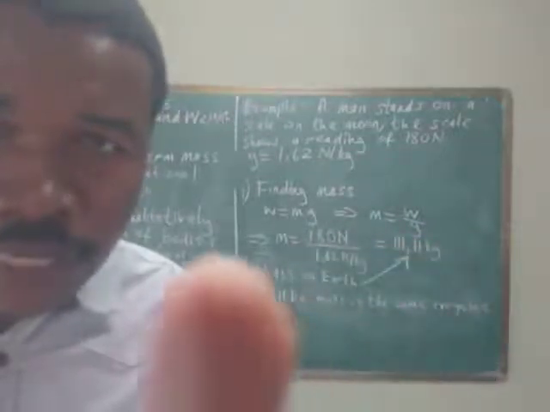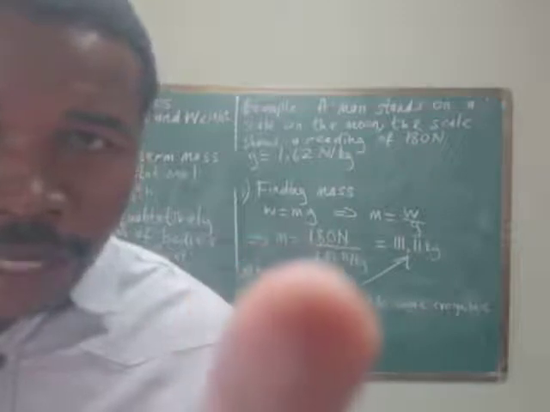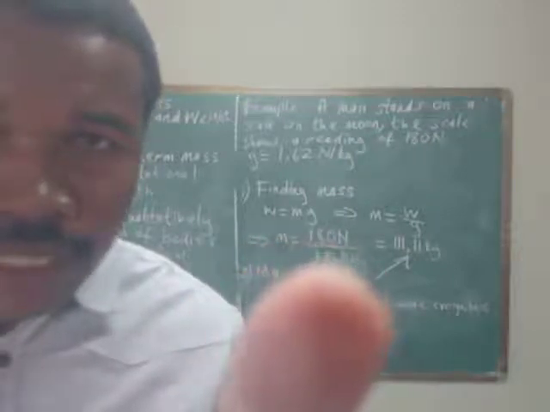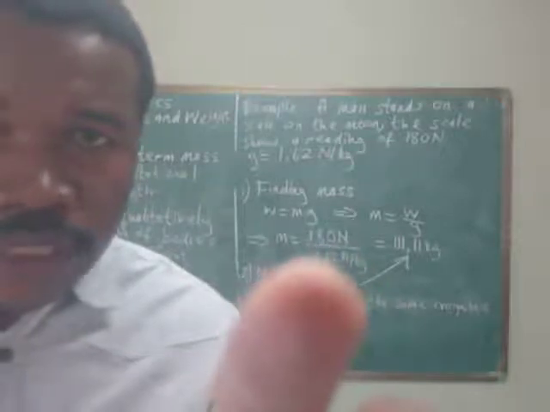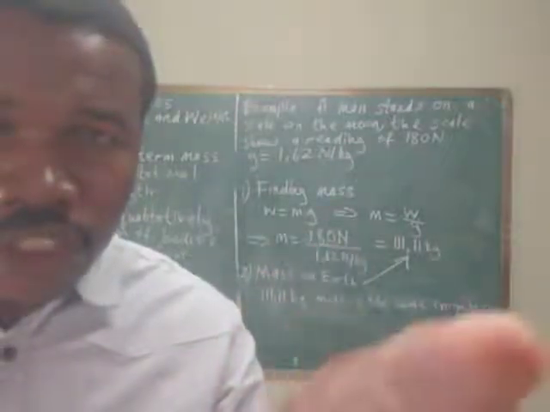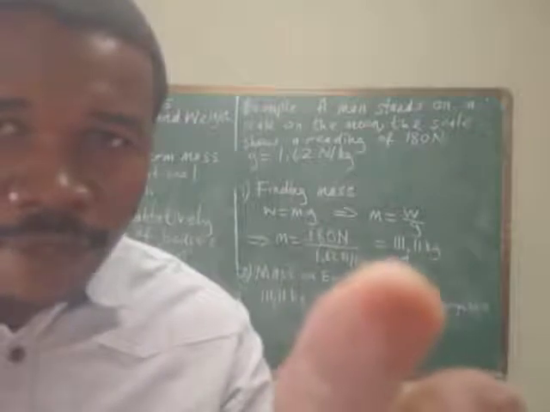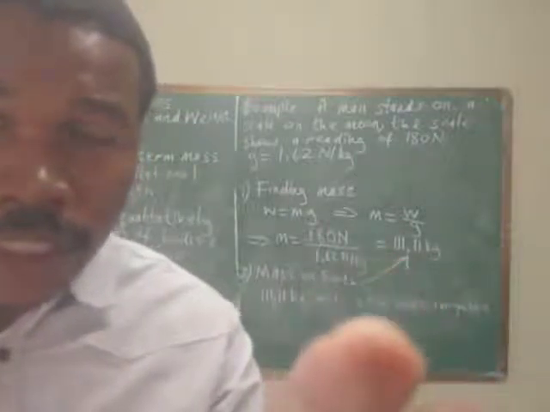Which means m became 180 newtons, which is the weight, divided by g, which is 1.62 newtons per kg, to give you 111.11 kg.